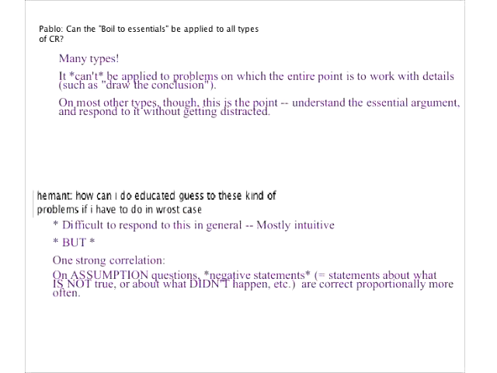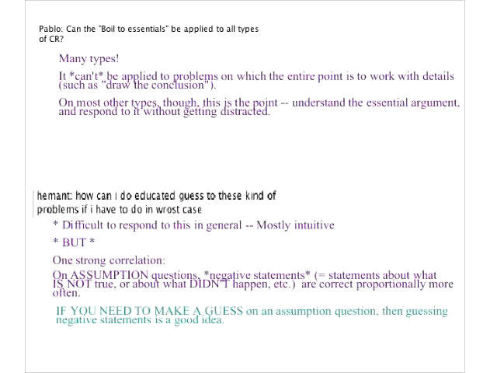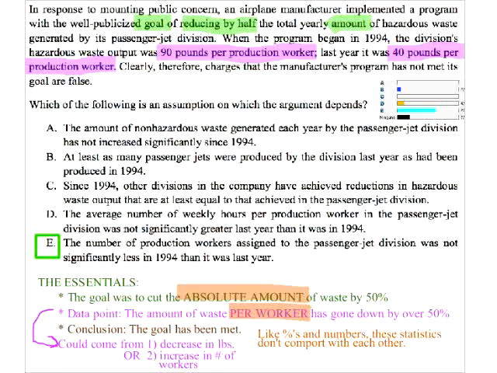Therefore, if you need to guess on an assumption question, but only if you need to make a wild guess, then guessing negative statements is a good idea. So notice here that this is a negative statement. The number of production workers was not significantly less than it was last year. In other words, we are ruling out some sort of thing.